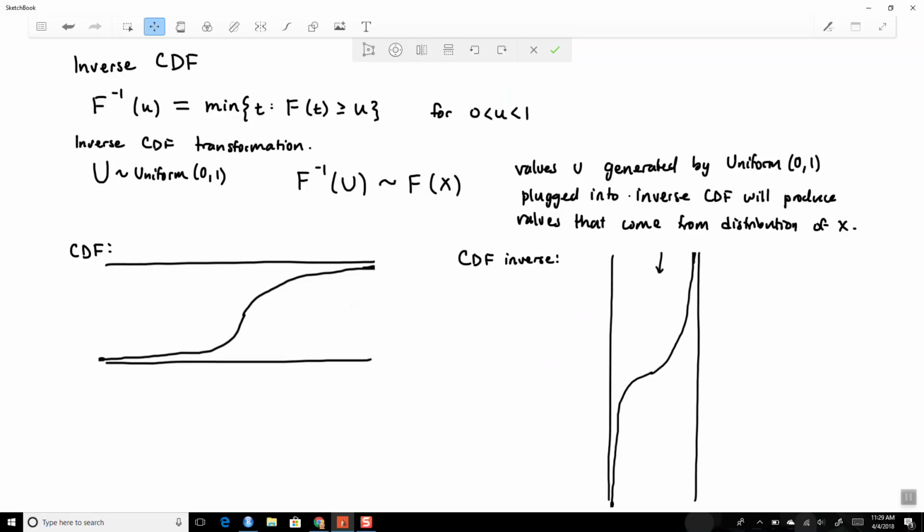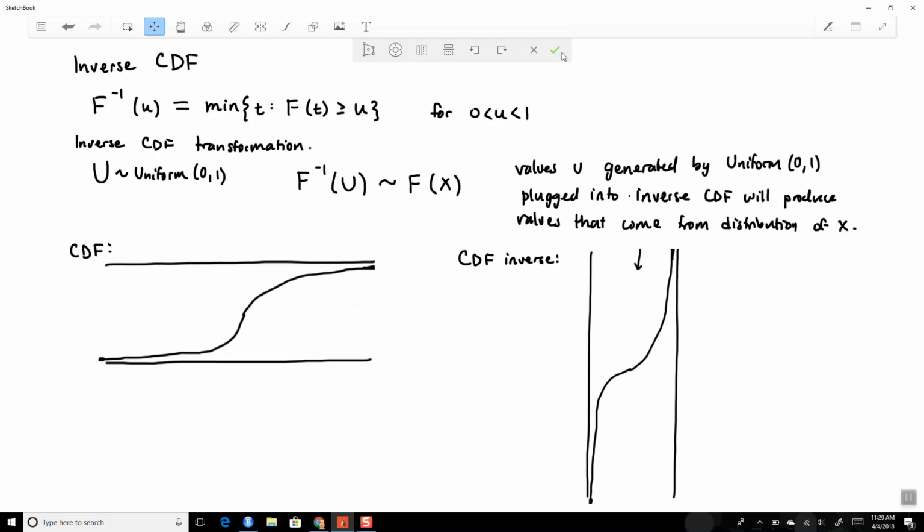Because that's what an inverse function does. It flips it across the symmetry axis y equals x, right? So that's what we've done here. So this is our inverse CDF function.